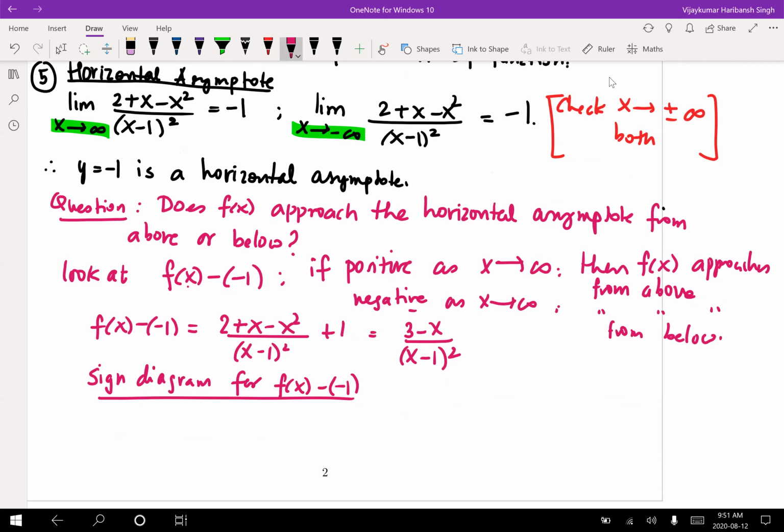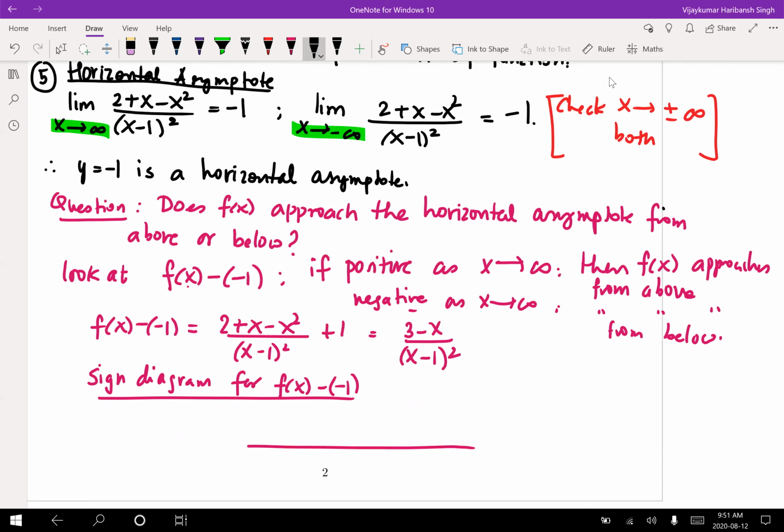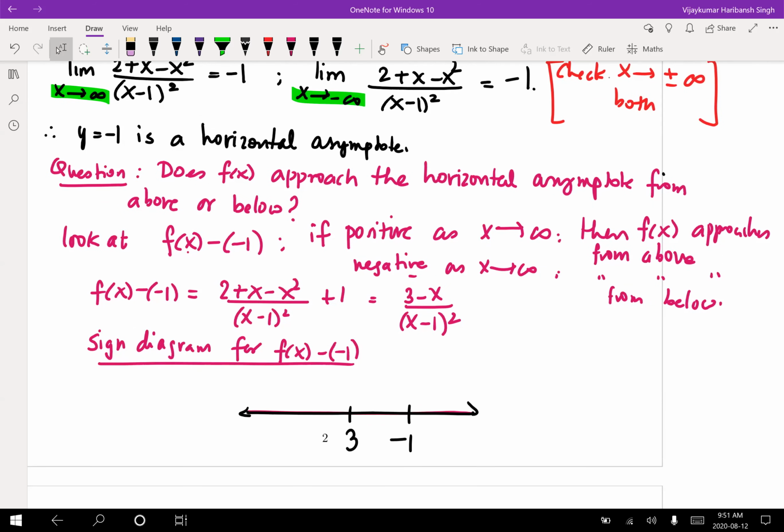Let's draw the sign diagram. The sign diagram will tell you right away. You don't have to see what happens as x goes to infinity here. What is the 0 of top? It is 3. The 0 of bottom is minus 1. So minus 1 should be on the other side, my bad.